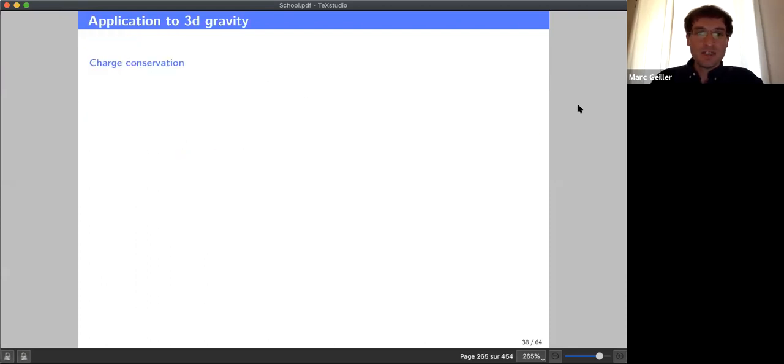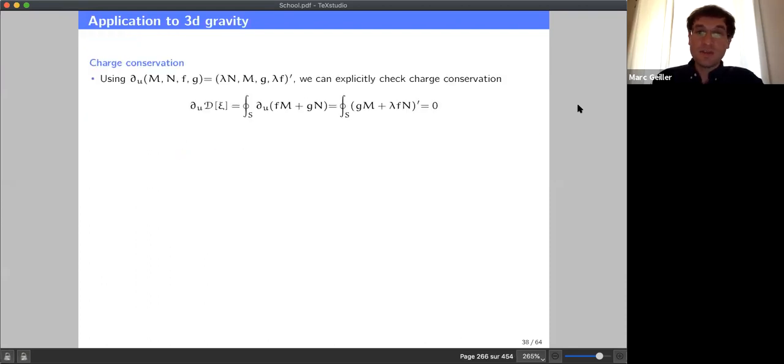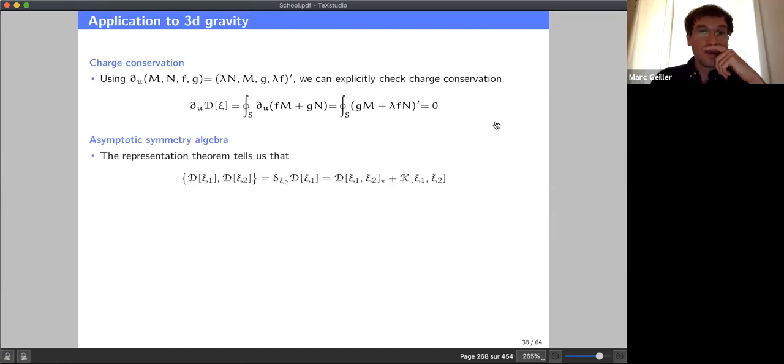Now, sorry, let me flash this. Now we can explicitly show that these charges are conserved using the Einstein equations. So the Einstein equation tells us how m and n evolve in time parameter u. If you use these relations here, which we stated earlier, you can show explicitly that the charge is conserved in time.